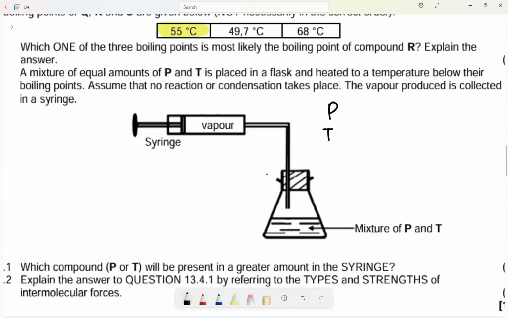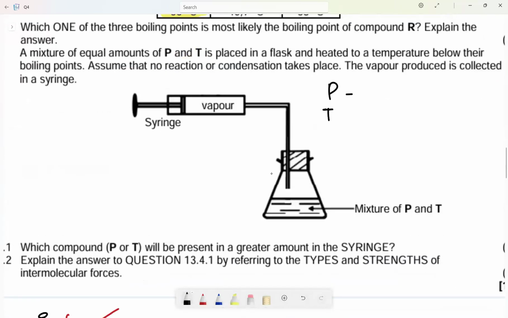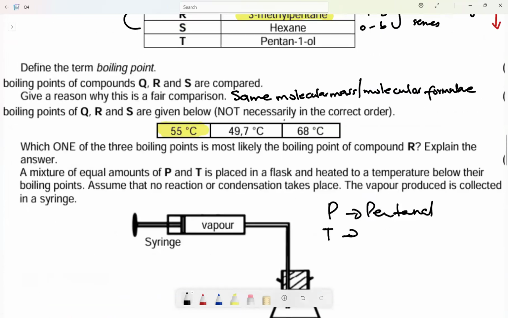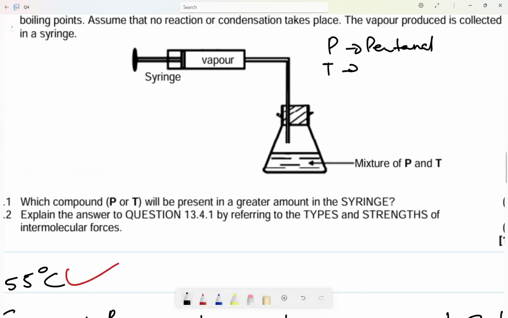So P and T. P is pentanal, which is dipole. T is pentan-1-ol. So which one of the following will have the greatest amount in the syringe?